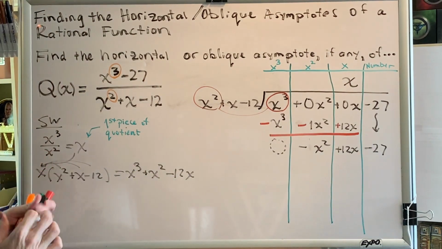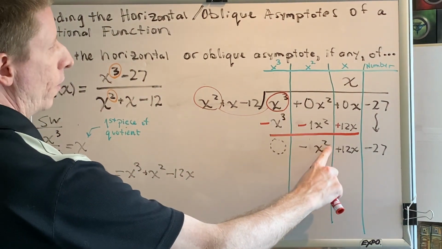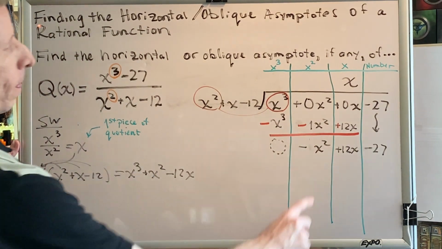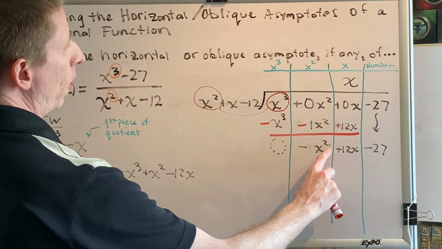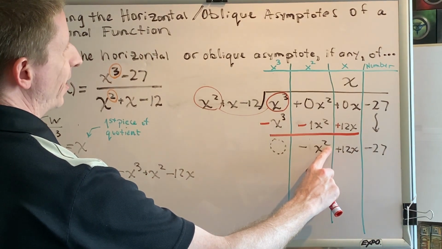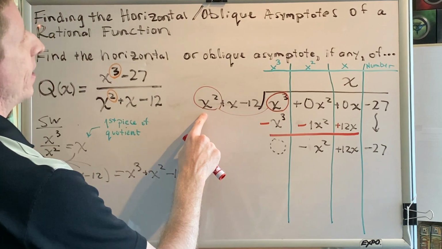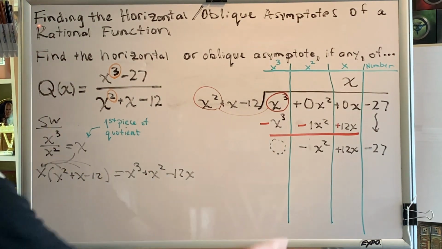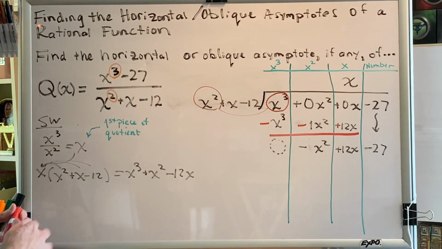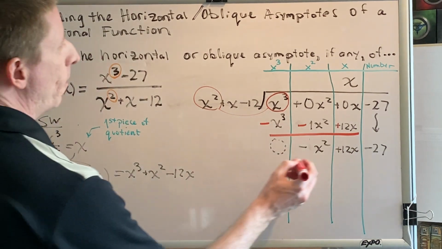Now I will compare the highest exponent of the dividend with the highest exponent of my denominator. I will stop my polynomial long division when this number, the highest exponent of the dividend, is less than the highest exponent of my denominator. So is 2 less than 2? No, therefore I will continue the polynomial long division process, and I go back to the beginning.